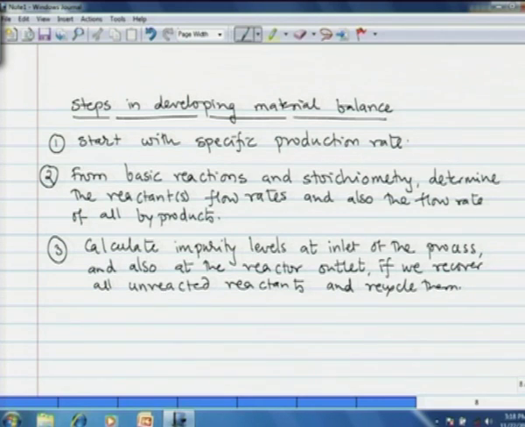As I mentioned previously in this lecture, some impurities may enter with the feed stream and some byproducts or inerts may also form within the process.